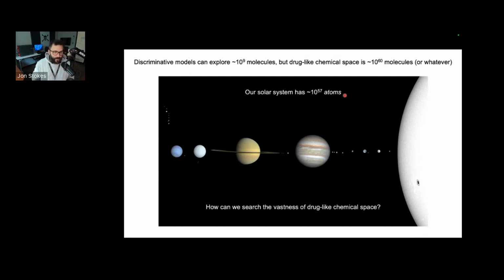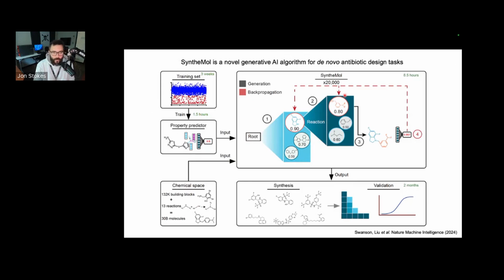So the question then becomes more practical: how can we begin to search the vastness of this drug-like chemical space for molecules that have the bioactivity and potential translational properties that we care about in the context of making a new clinical antibiotic? And given that a discriminator won't work, we have to turn to a generative model, right? Generative models for molecular design tasks are not new.